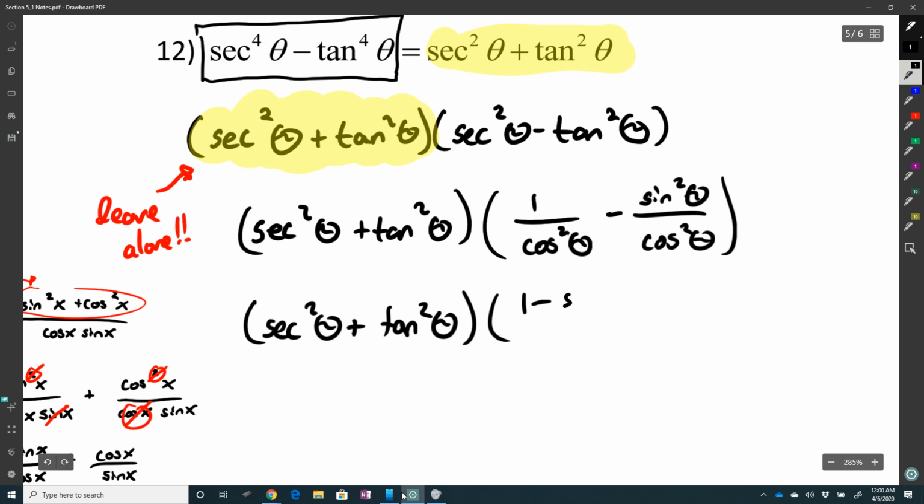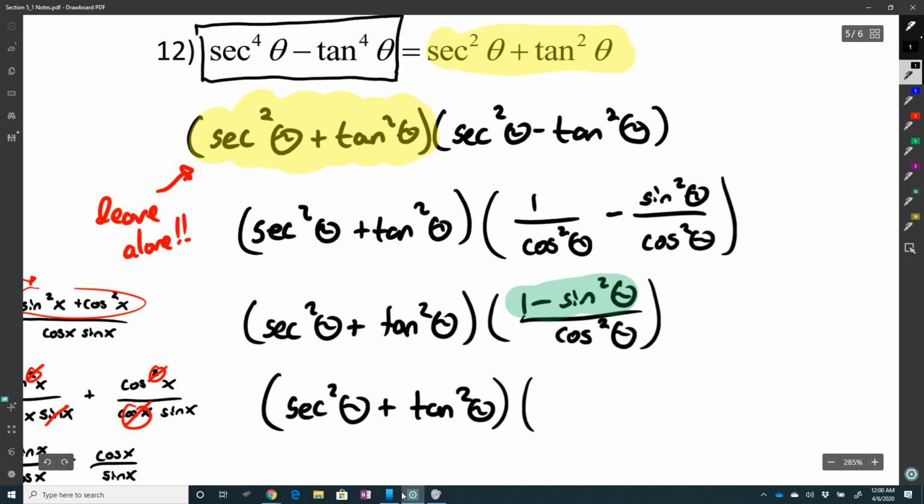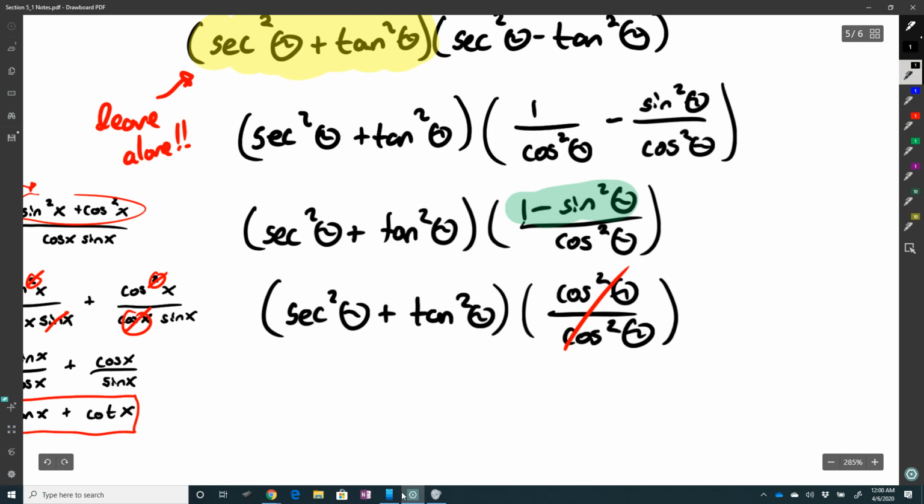So I have 1 minus sine squared over cosine squared. But 1 minus sine squared is just cosine squared. Now you can't just say, oh, those cancel and they're 1. You have to show the substitution. So now I have cosine squared theta over cosine squared theta. Those cancel. And now I'm left with my answer.